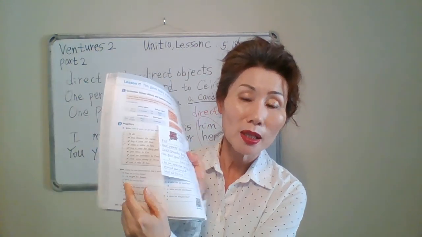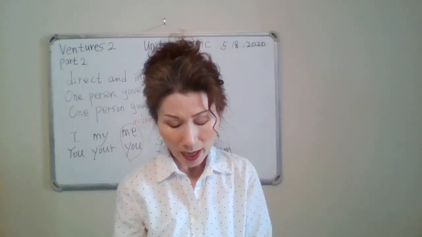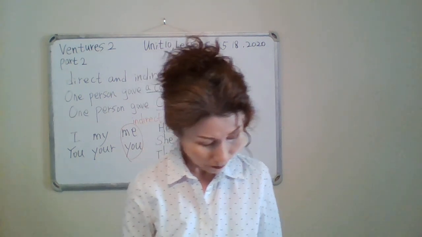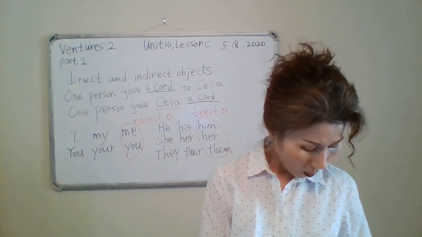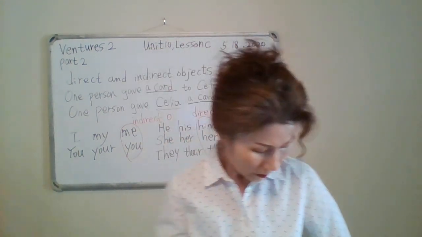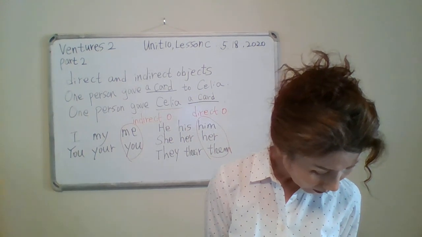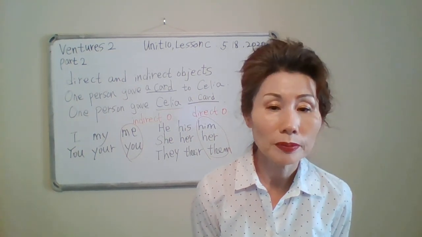Repeat after me this part again. What did Joe buy Sylvia? He bought her flowers. Number 2, what did Joe buy Nick?